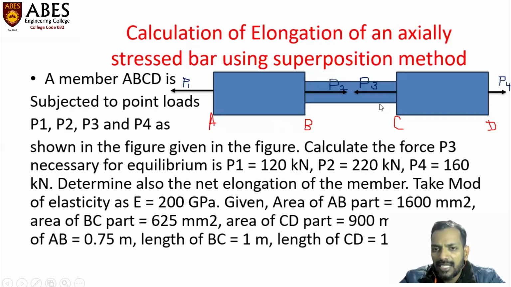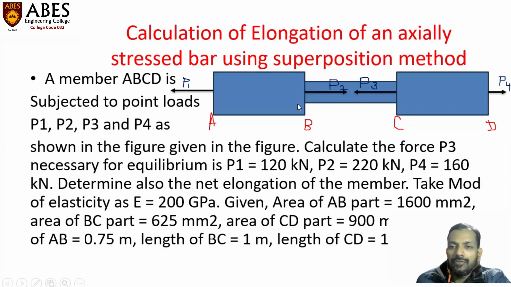Portion BC has a length of 1 meter and portion CD has a length of 1.2 meters. The cross-section areas of AB, BC and CD are also given in this question. So what we need to do? We will calculate the net elongation of this bar using the superposition method.